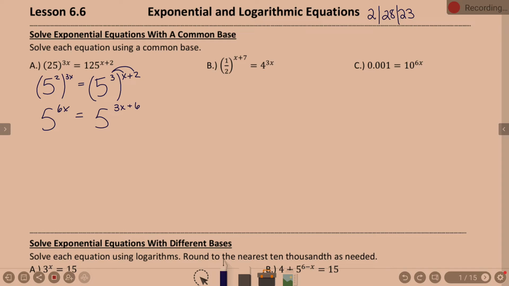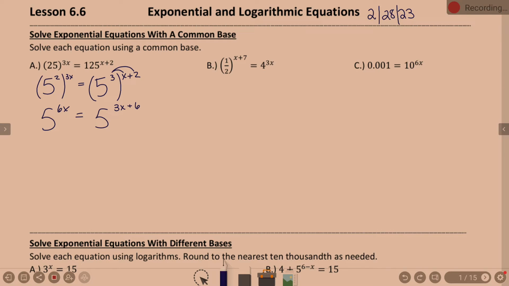Okay, guys, important part. My bases are the same, yes? Okay, think kind of logically here. If you have 5 to the 6x equals 5 to the 3x plus 6, what has to be true about those powers? If my bases are the same, powers are the same. Think about it.